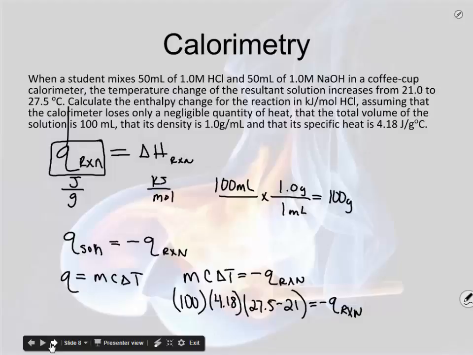And we get an answer of 2,717 joules. But that equals negative Q of our reaction. So we just want the Q for our reaction. So to get rid of the negative, we would divide by our negative. So we would get a negative number for our answer.